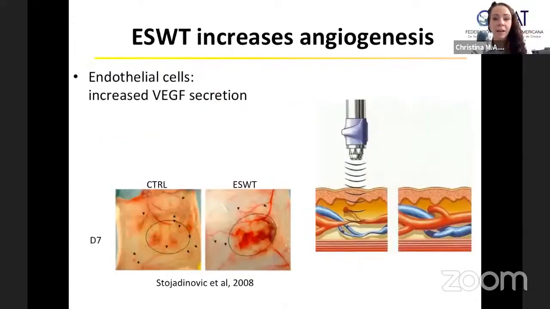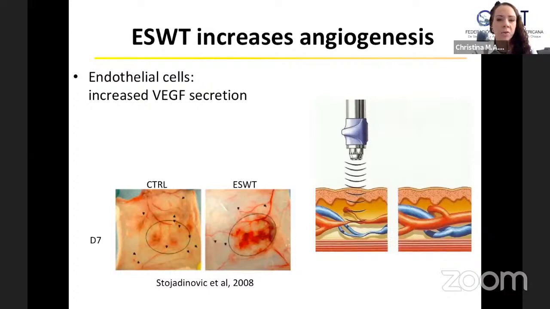As a first effect, and probably the most well-known effect of extracorporeal shockwave treatment, is angiogenesis. Angiogenesis is the formation of new blood vessels from already existing blood vessels. As we all know, in injured tissue and in diseased tissue, we usually have a problem with vascularization.